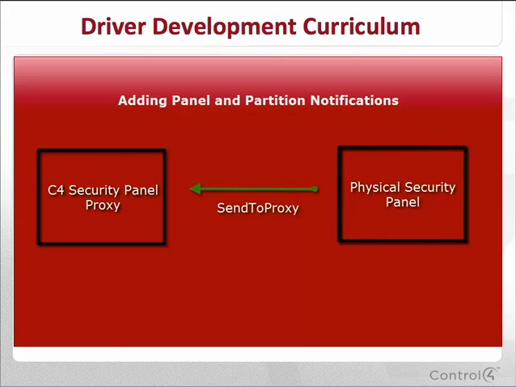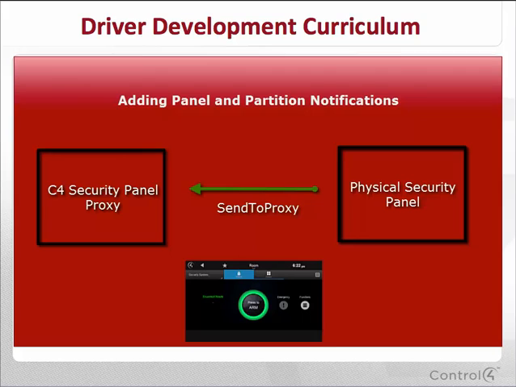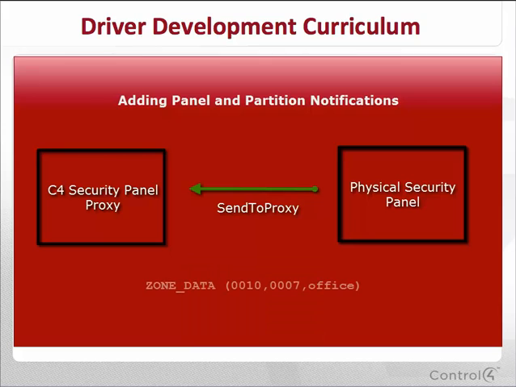Using ZoneData as an example, let's consider a message that comes from the security panel whenever the information changes. We want to use the data in that message to update our UIs with the latest security system configuration information. The incoming message looks like this.